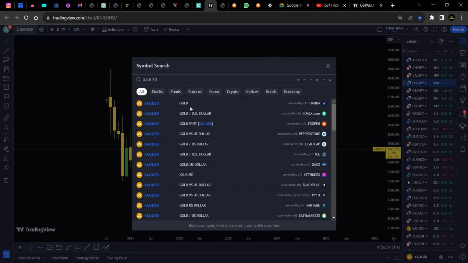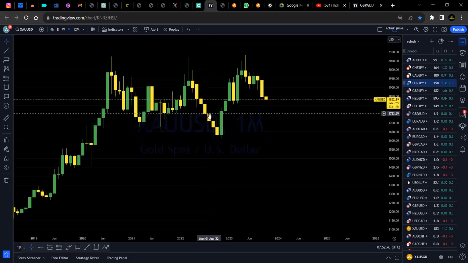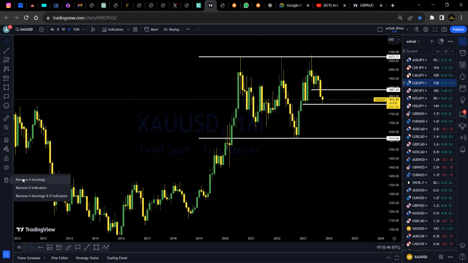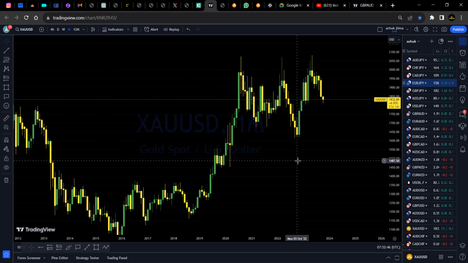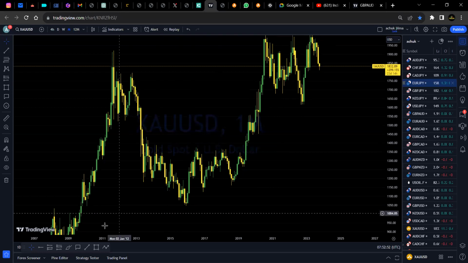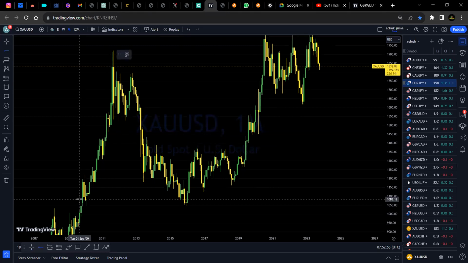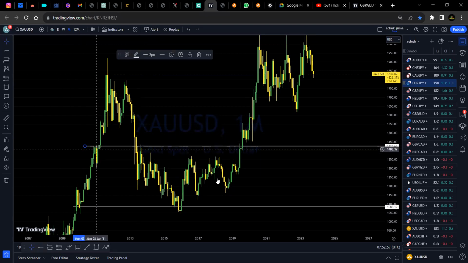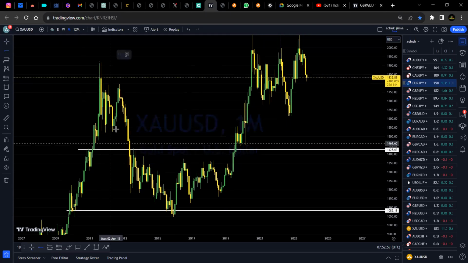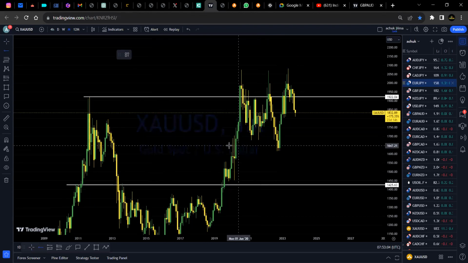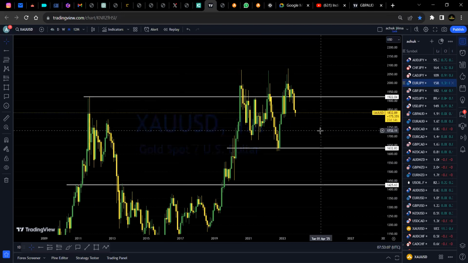Okay, so we can look at your forex.com gold chart. So again, using the same principle, you want to be able to mark your highs and your lows. It's just as simple as that. Whatever low you see, you mark it, and whatever high you see, that becomes your key level. So that is that. And then we had these highs, and then we also had these highs, and we have these lows.